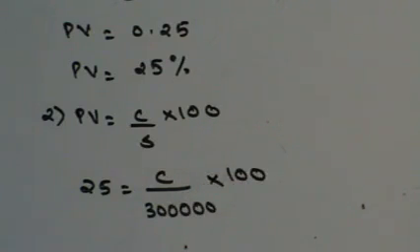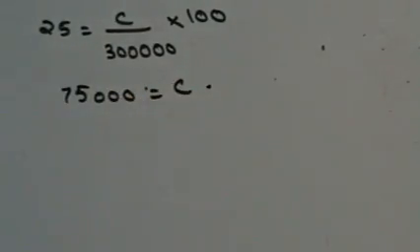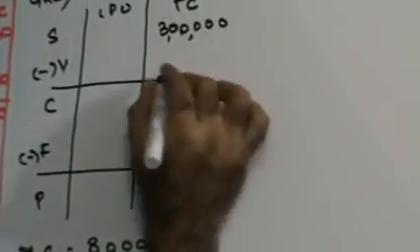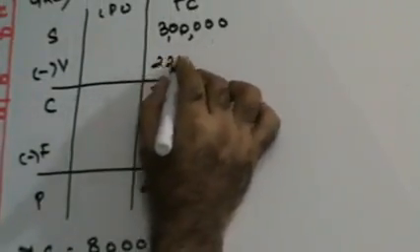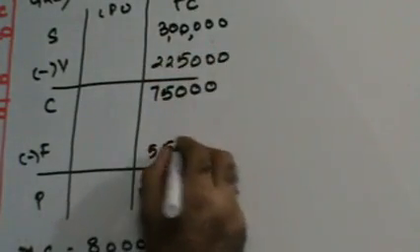Someone please calculate this. 75,000. So in that case, contribution is going to be 75,000. So my variable cost will be 2,25,000 and fixed cost is going to be 55,000.